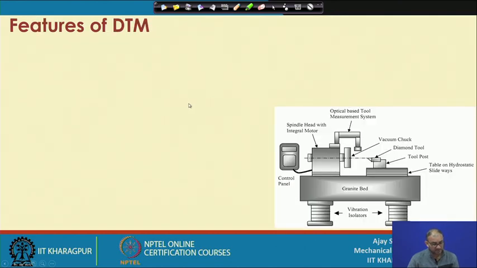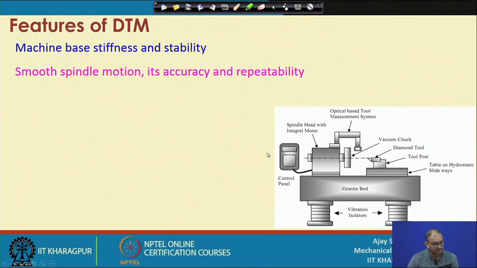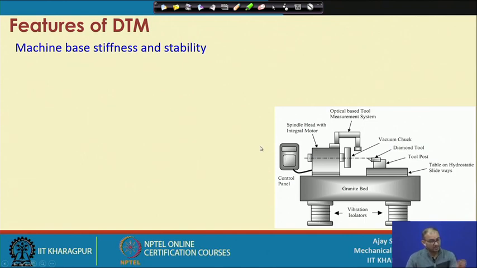What are the features required in the diamond turning operation? First is machine base stiffness and stability, because you use a granite bed. Most of these features align with the machine construction we discussed in micro machining, because there also we need a very high damping coefficient of material and very high stiffness in the structural loop.